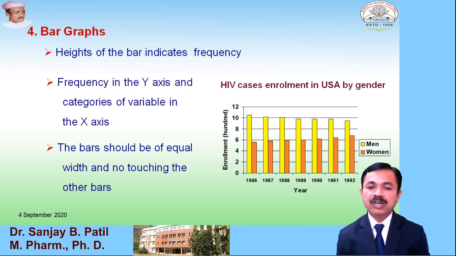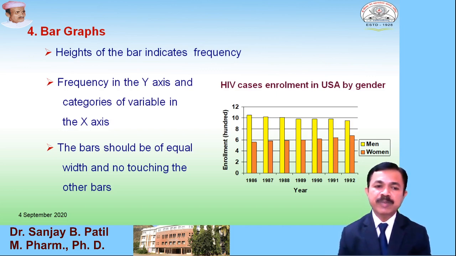For the rectangles differentiating the gender, different colors can be used. In this example, red is used for men while brown is used for women for constructing the respective bars, and such type of graph is known as a bar graph.